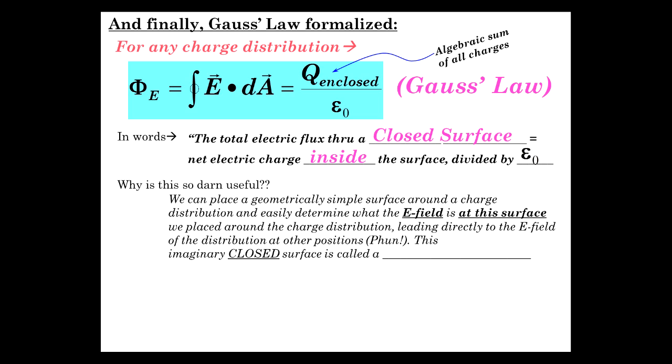But this imaginary closed surface, I'm calling it an imaginary closed surface because it doesn't have to consist of anything. We're just placing a theoretical surface around this charge distribution and doing the analysis at that surface, which is called a Gaussian surface. Surprise, surprise.